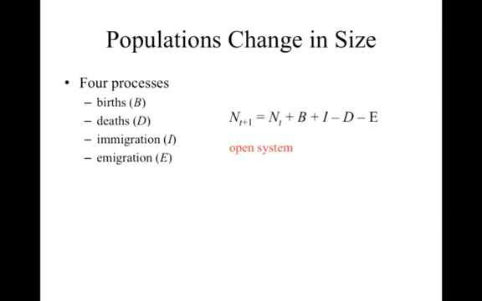Now, an open system is a little more hairy. In an open system, I don't have a wall around my population. Things can come in and things can leave. And so in that case, my immigration rate and my emigration rate are no longer necessarily zero. In fact, they're typically non-zero. And in this case, we don't necessarily get a geometric growth equation. We only get geometric growth for sure in a closed system. If we add immigration and emigration, we have these terms that are no longer proportional to population size.